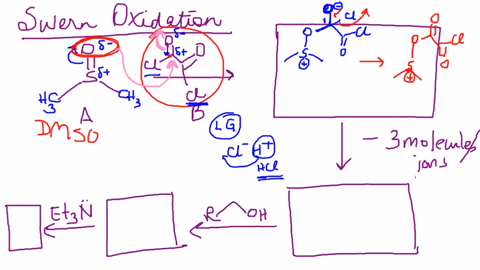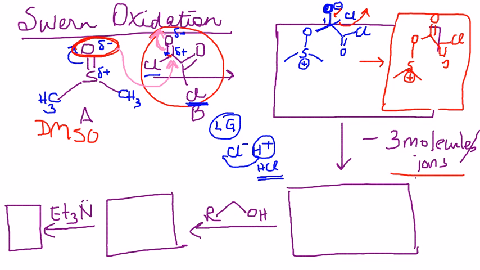So this is probably your first intermediate that you're going to end up with. That sulfur is going to hold that positive charge. Now, this next step basically gives you information that 3 molecules or ions are going to leave. So anytime on the arrow you see a negative, that tells you that these are going to leave. So you can either put it that way or you can put it plus something, something, something.